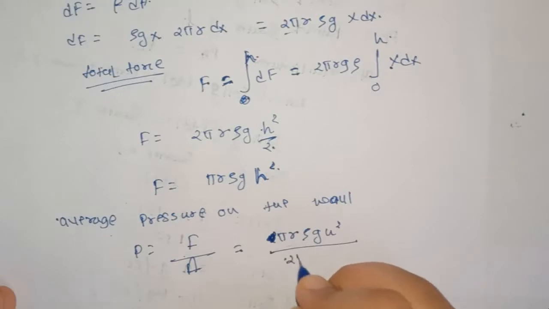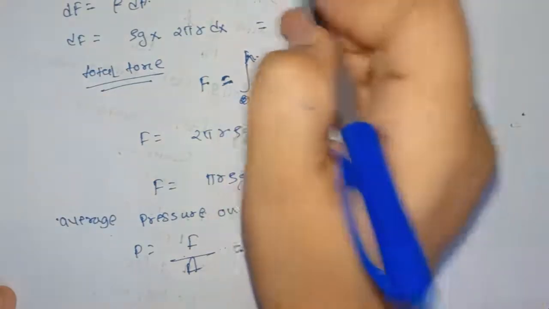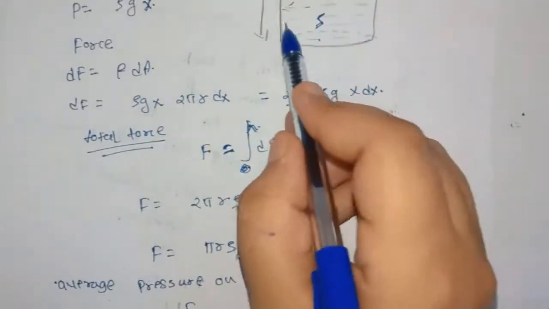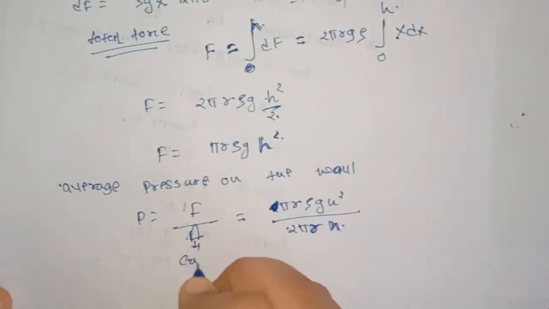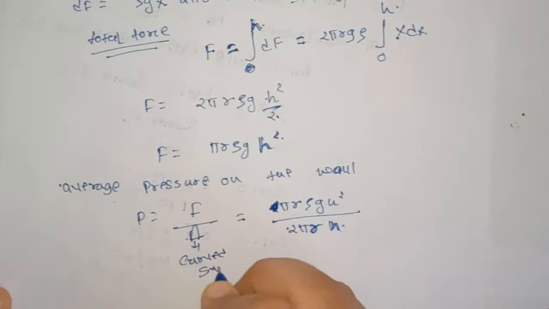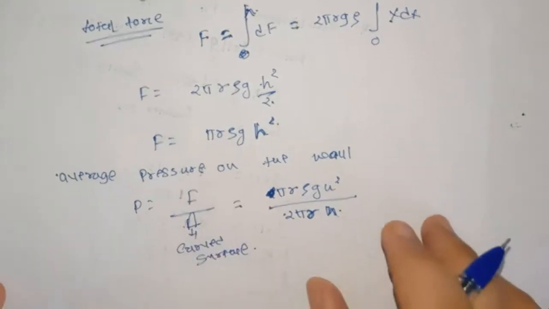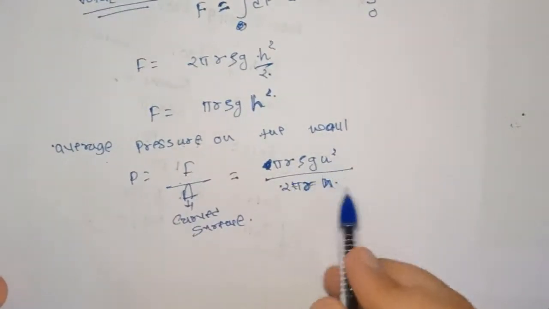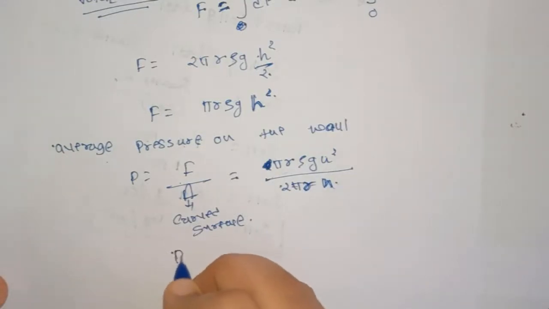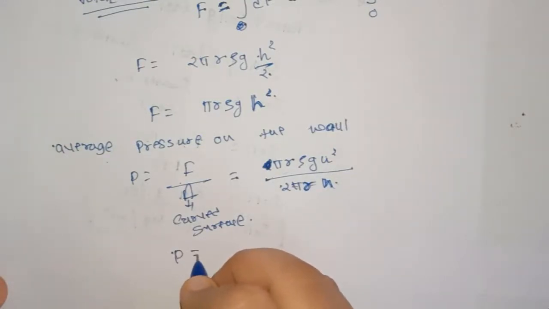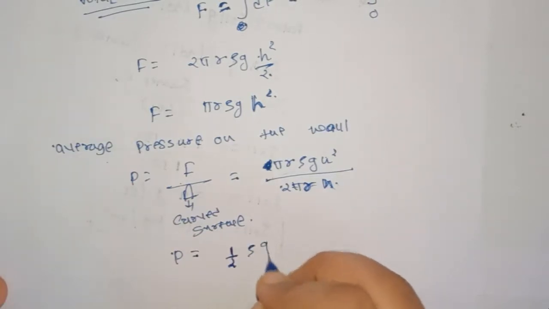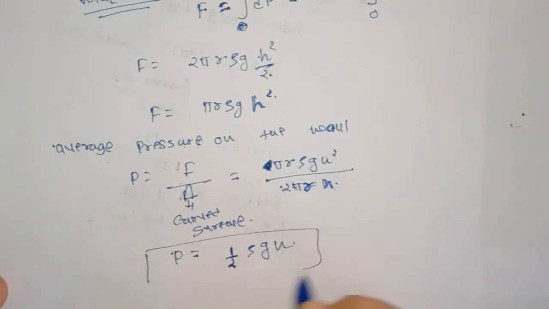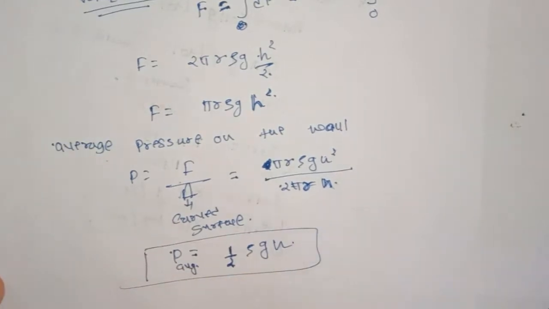Area will be area of the curved surface, that will be 2 pi r h. As we want to find pressure on the wall, we will take area of curved surface. So this pi r and h will get cancelled out, so we will get P is equal to half rho g h. So this will be the average pressure on the wall.